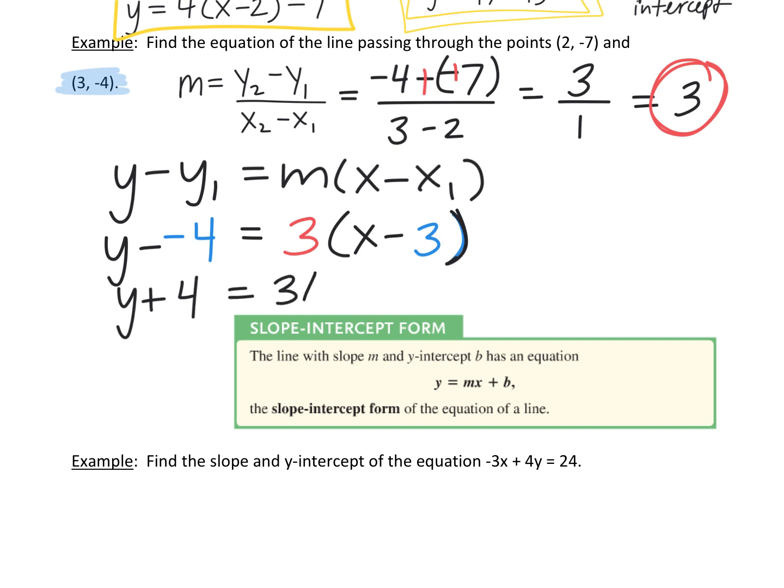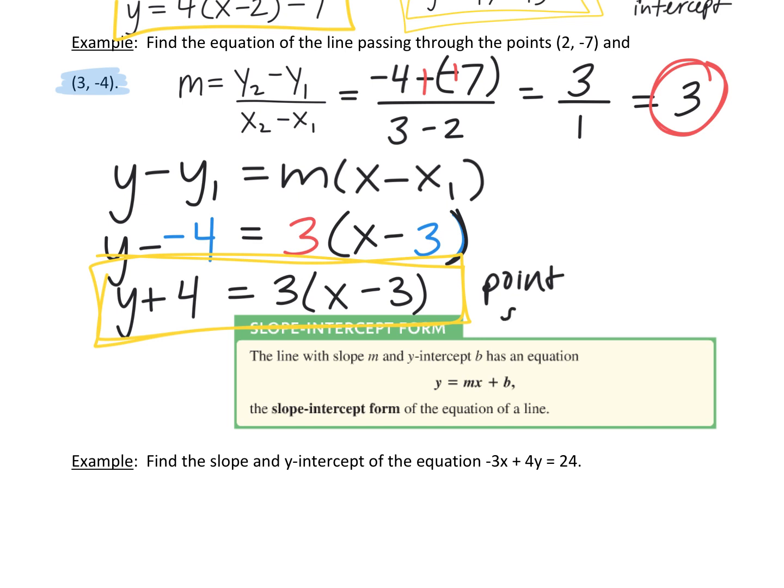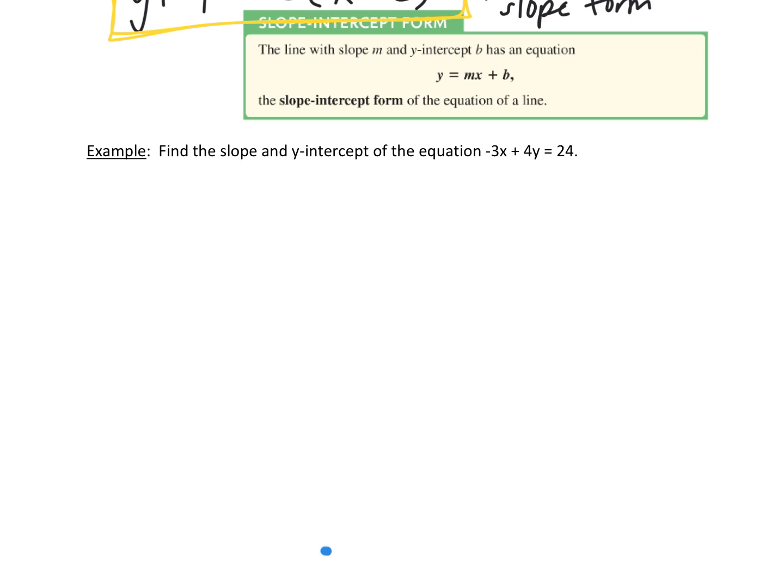This is perfectly fine. What form have I left it in? Point slope form. Yes, you need to be good at knowing the difference between these. If you took it further and got it all the way to y equals mx plus b, that would be fine because I asked for just an equation. Slope-intercept form is what's actually useful to tell us the slope and the y-intercept.